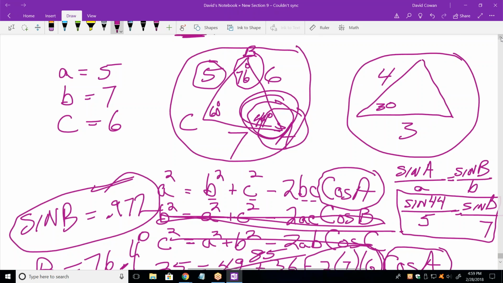Once you have both angles, you just use the fact that the total adds to 180 to get the third angle. That's the easiest way. You could also get the third angle using the law of sines, but it's unnecessarily difficult.